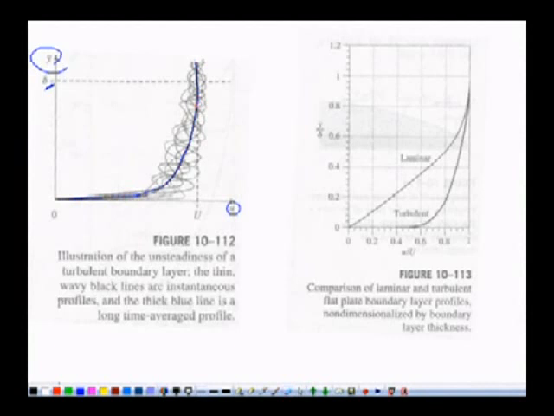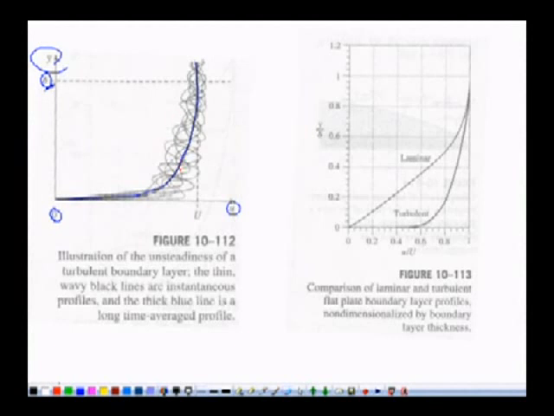About this thin line we have a fluctuating component, and if we do the averaging, then we will get this value. So this is the average value of velocity inside the boundary layer, from y equal to 0 to y equal to delta. This is the average velocity profile.